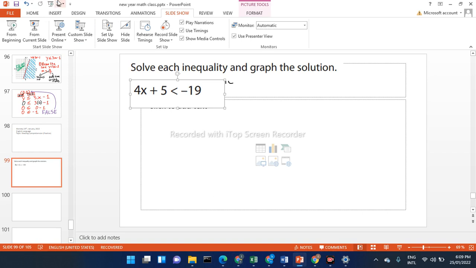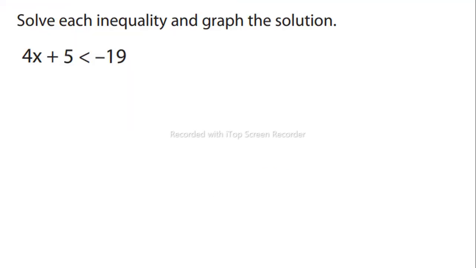Solve each inequality and graph its solution. So we're going to solve this inequality in a similar way that we would do it if it was an equal sign. So here we have 4x plus 5 is less than negative 19.